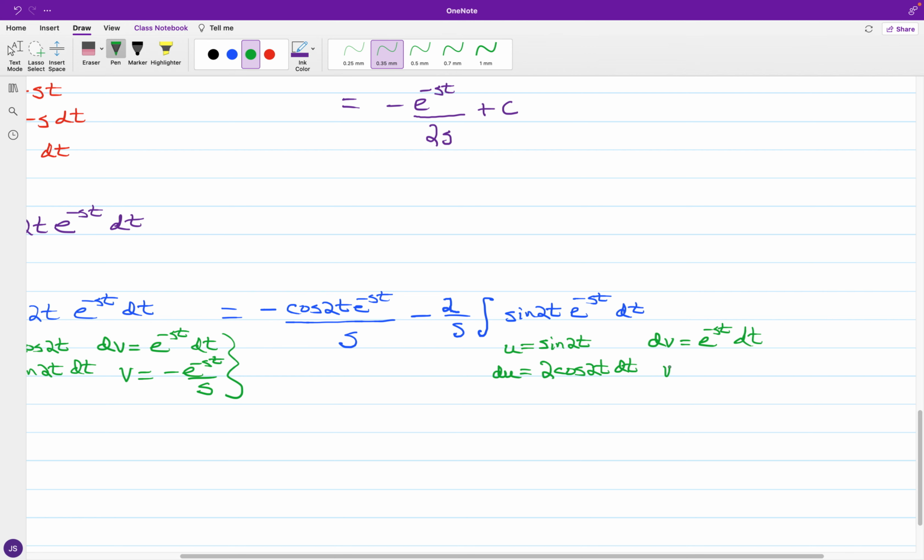Reapplying the same antiderivative, v is negative e to the negative st all over s.